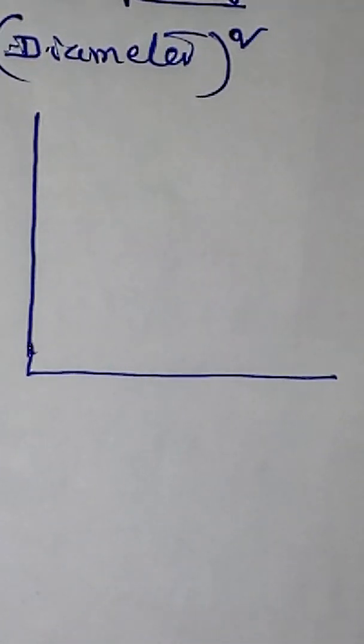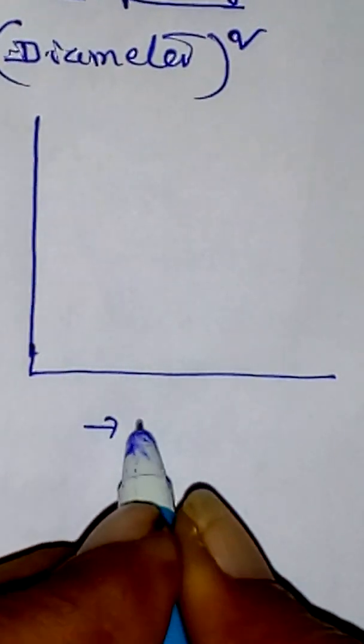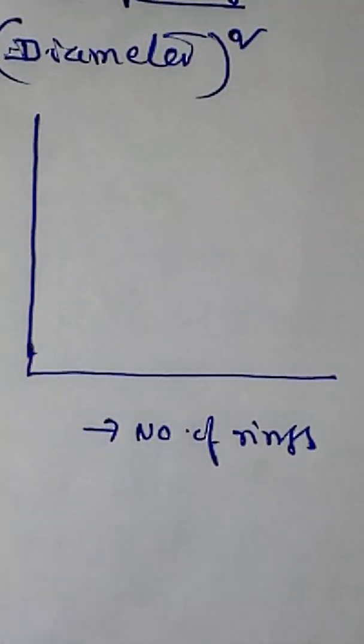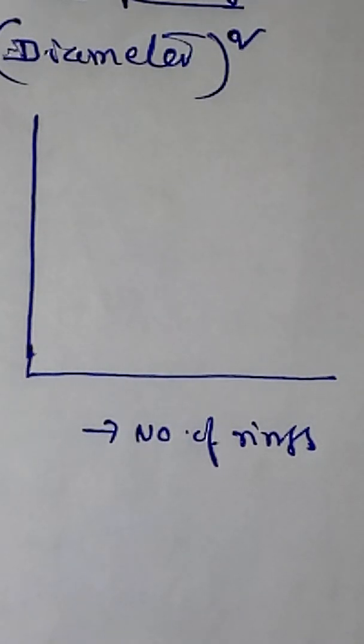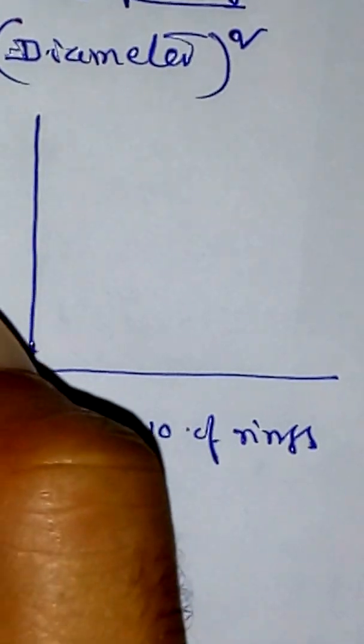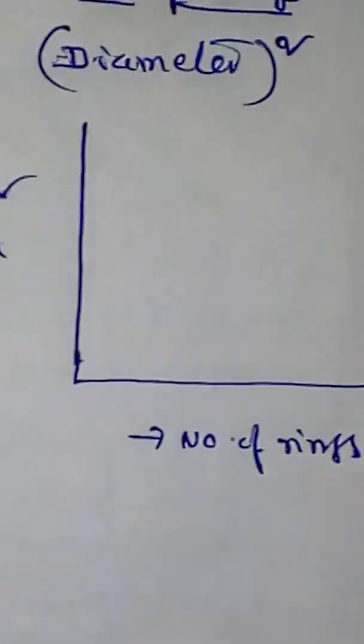See the graph. Here I am taking the number of rings, and here I am taking the square of the diameter.